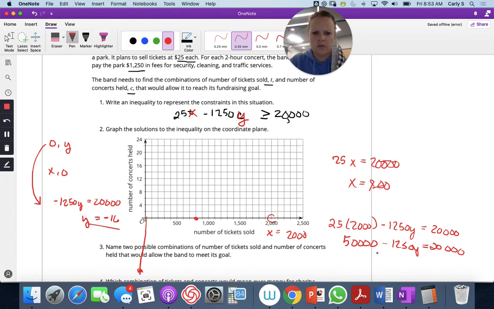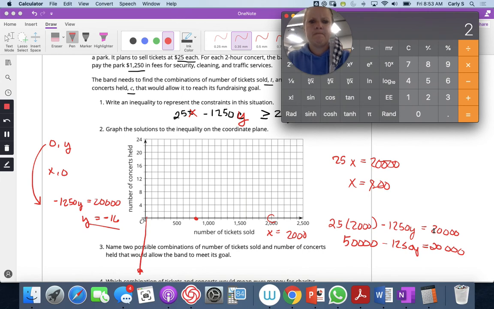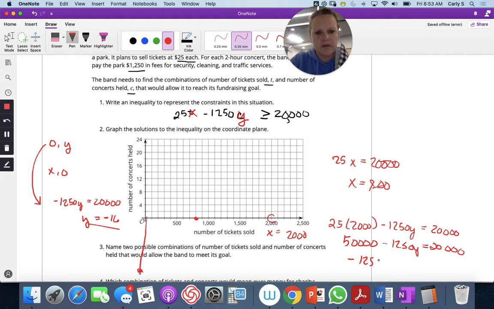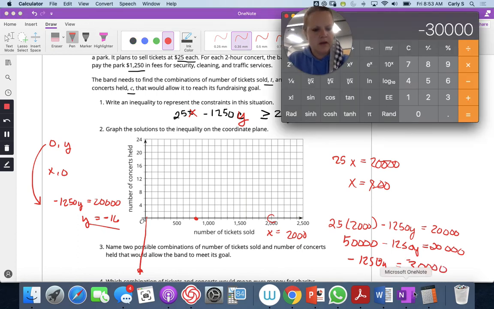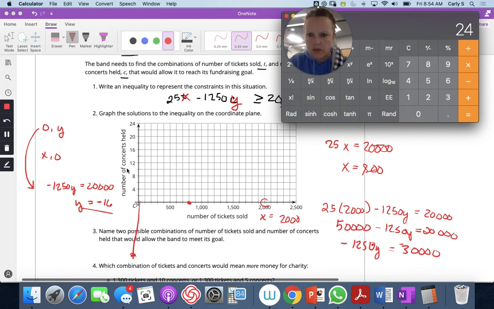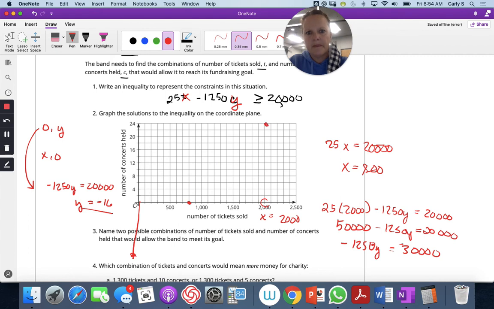Okay, subtract 50,000 from both sides. Negative 30,000, so negative 1250y equals negative 30,000, and divide by 1250. We get 24. So y equals 24, oh thank goodness. So that would be right here.